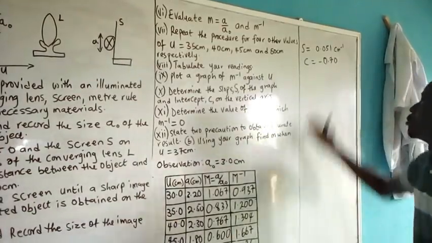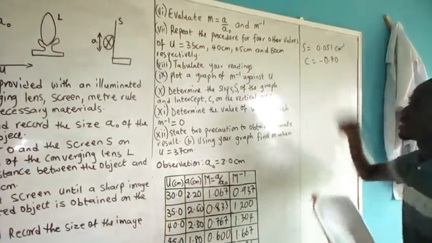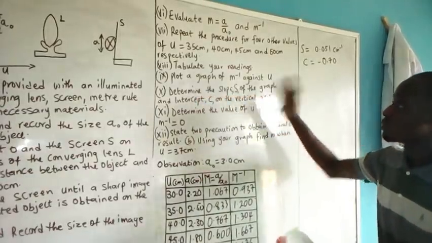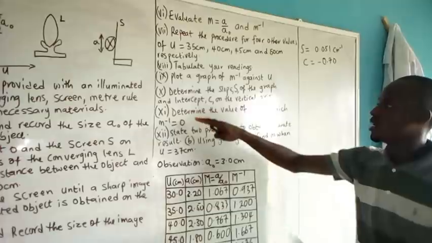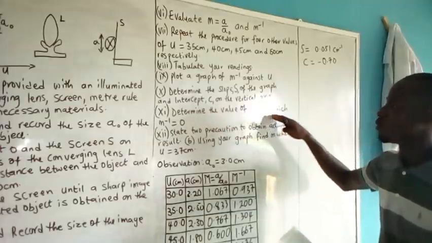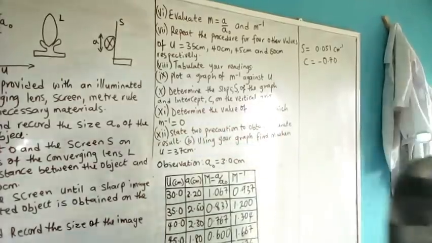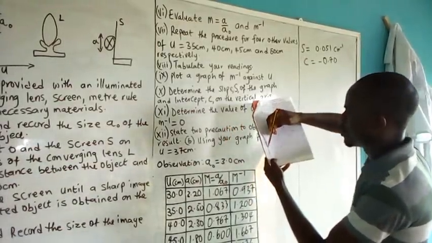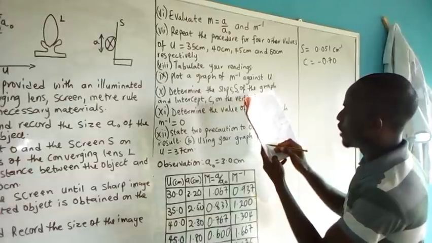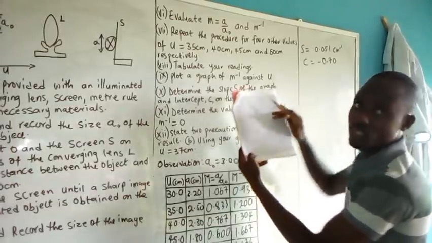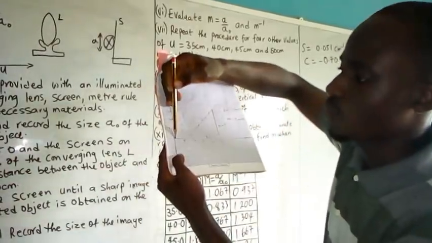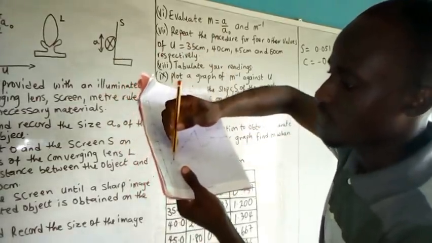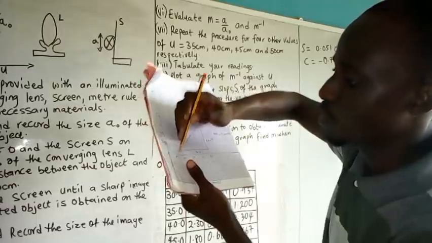So then what next? We have determined the slope of the graph and the intercept of the graph. Let's proceed with the question. The question says determine the slope S. We've done that. Intercept on the y-axis. Determine the value of u for which m inverse equals 0. So I will go here and find that point where m inverse is 0, then trace it to the line that touches the u axis.